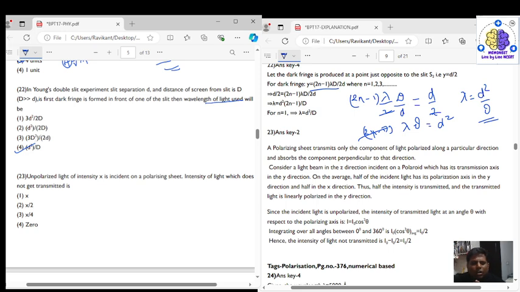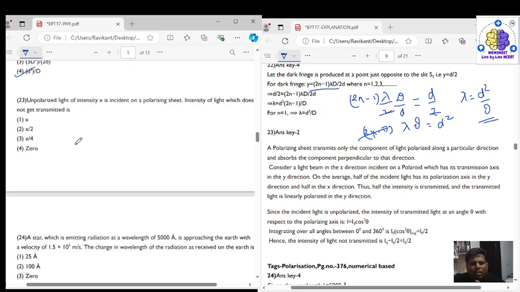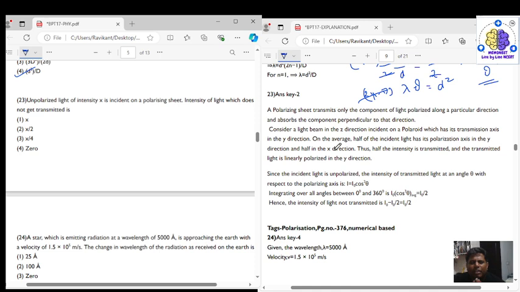So again, now let's see question number 23. Question number 23 says that unpolarized light of intensity X is incident on a polarizing sheet. The intensity of the light which does not get transmitted is... See, whenever light has been passed through a polarizing sheet, the output intensity is always half of the initial intensity, right?